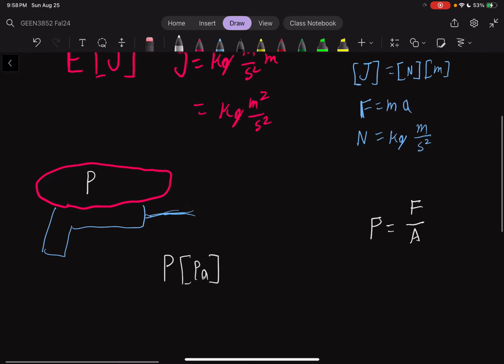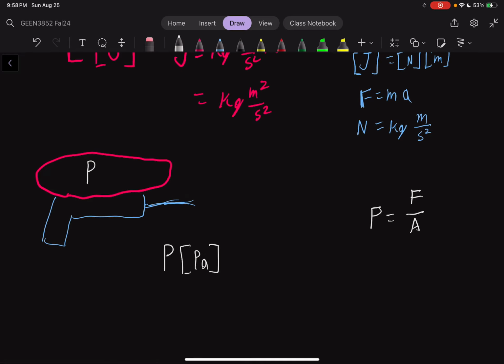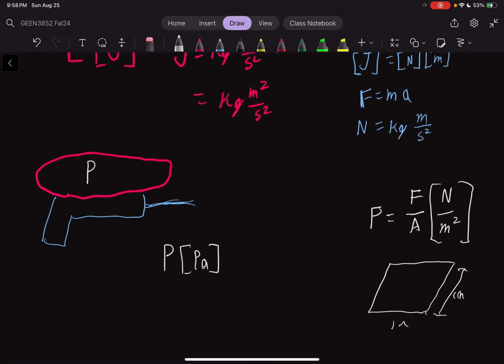And so if I think about a Pascal, the units of force is newtons, and the units of area is meters squared. And so a Pascal is a Newton per meter squared. That's not very much force. If I think about a meter squared, it's like the size of a coffee table. And if I think about what a Newton is, a Newton's about the same as a quarter pound, maybe like a fast food hamburger patty.